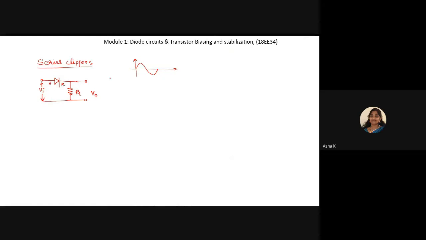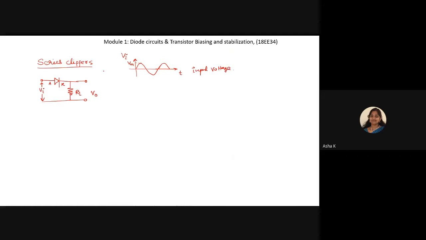The input applied here is V input, a sinusoidal input voltage with peak value Vm, and t is the time axis. This is the input voltage applied to this diode.